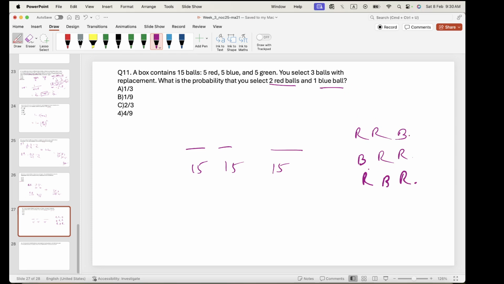So only one blue, blue can occupy these three positions. So I would have 3 into the probability of 2 red balls. Red is 5 by 15, again 5 by 15, and 1 blue ball is again 5 by 15. So this will be 1 by 3, 1 by 3, 1 by 3. So the answer is 1 by 9.